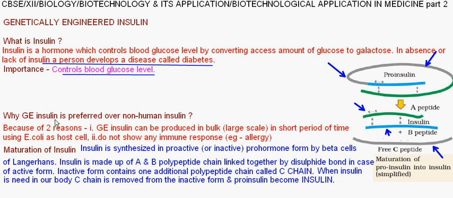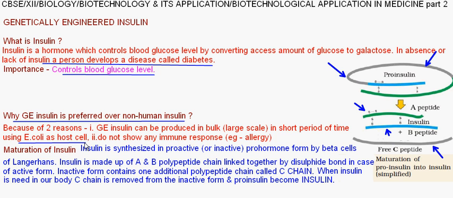Now, why genetically engineered insulin is preferred over non-human insulin? Because of mainly two reasons. Genetically engineered insulin can be produced on large scale in short period of time using E. coli as host cell, means using recombinant DNA technology.